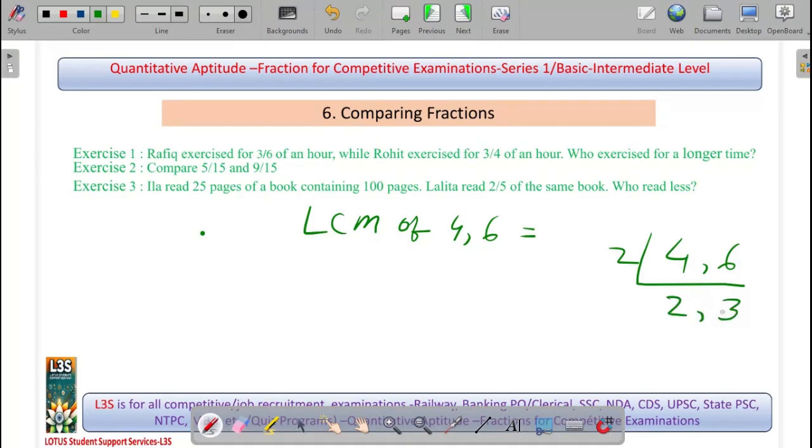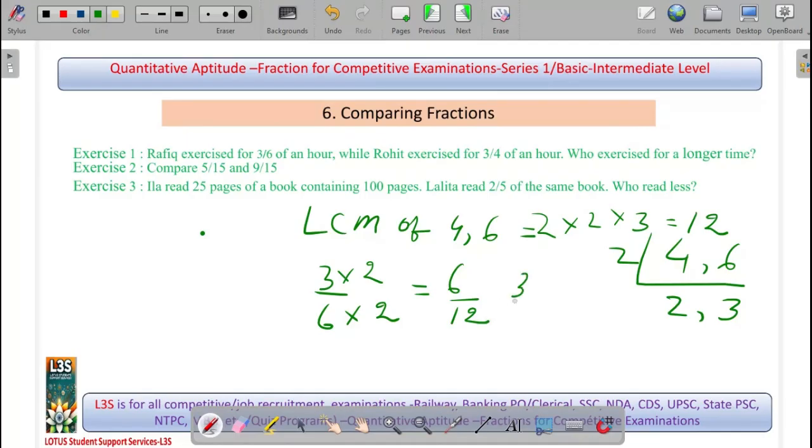We cannot divide anymore, so the LCM will be 2 into 2 into 3, which is 12. Now for 3 by 6, we multiply by 2, so we can make it 6 by 12. And for 3 by 4, we multiply 4 with 3, and the numerator also, so 9 by 12.